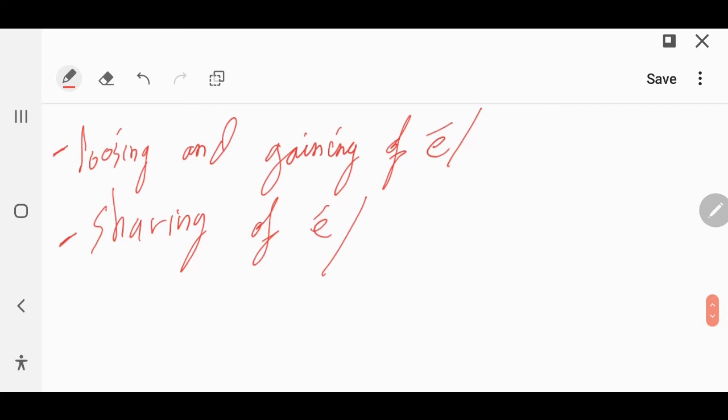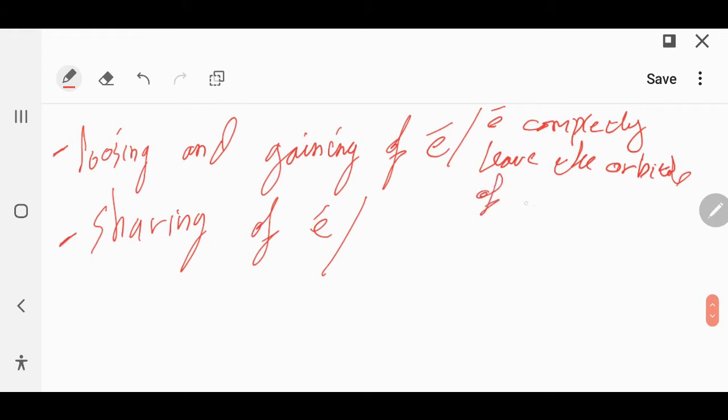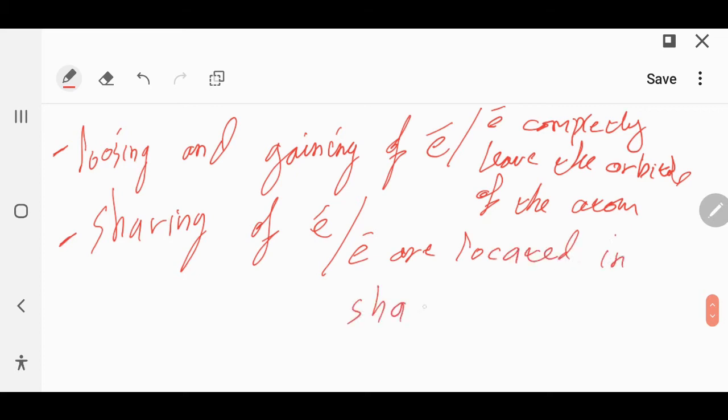In the ionic bond, the electrons completely leave the orbitals of the atom, but here the electrons are located in shared or overlapped orbitals.